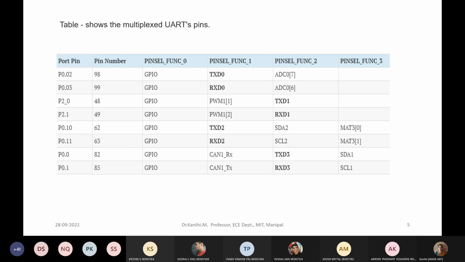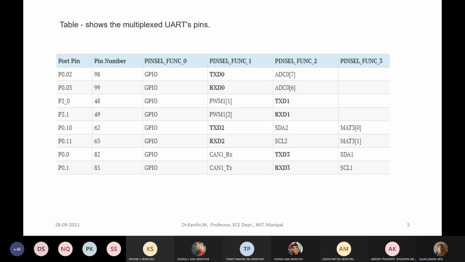Let us see the port pins. You have TXD0 and RxD0. Normally we use UART0, where TXD0 is port 0.2 and RxD0 is port 0.3. So these two pins are connected, but for the specific hardware I'm using, it may be different, so we need to refer to the data sheet to see which pins are connected.